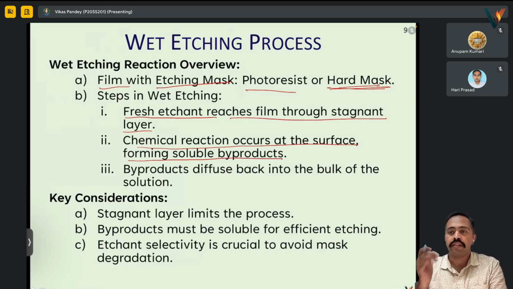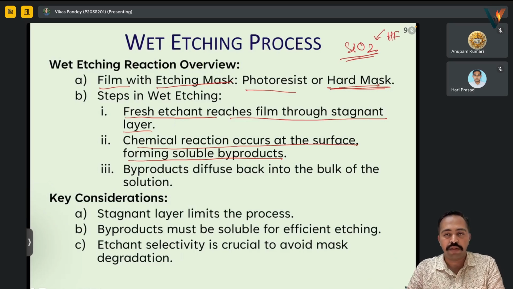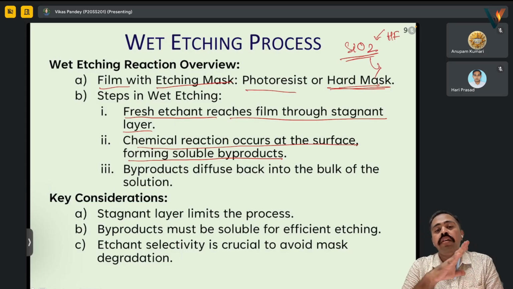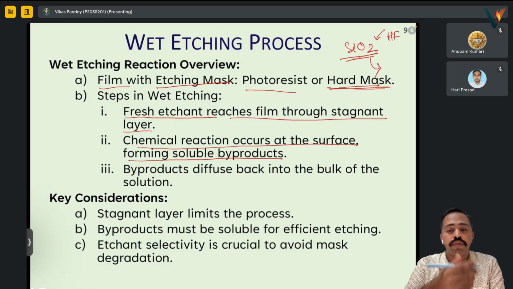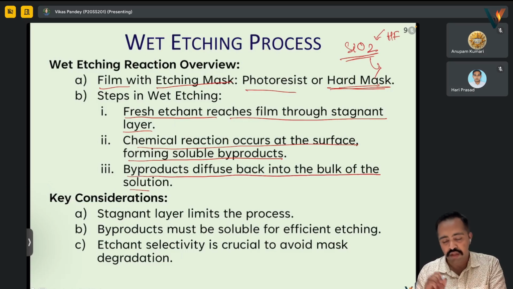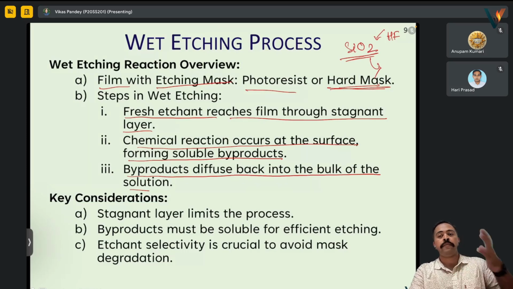So if it is SiO2 and the etchant is HF, hydrofluoric acid, a common etchant for SiO2, it will form a compound that will be soluble in the solution itself, and the byproduct will diffuse into the bulk of the solution. That will not remain on the surface. It will just make a soluble compound and dissolve into the solution.